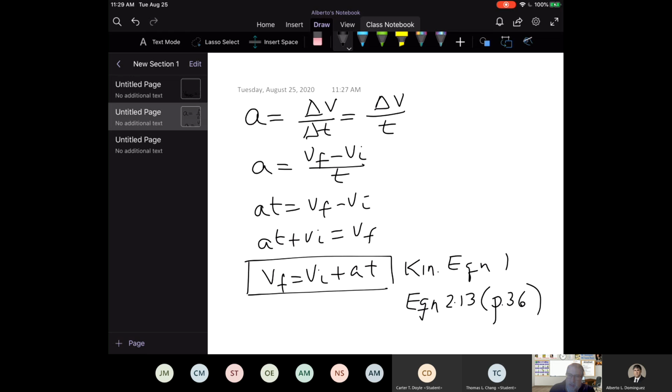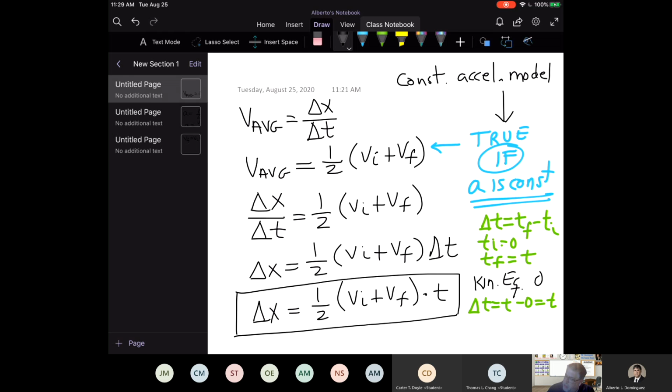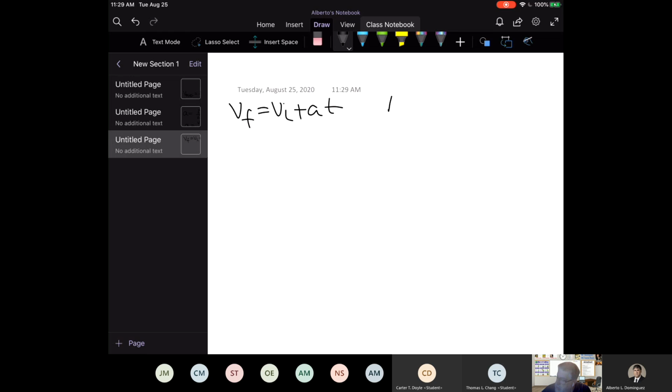Now I have two equations to derive stuff. So I'm going to write them both back at the top of this page. So I have VF equals VI plus AT. I just derived that. And if I go back to the first page, I have delta X equals 1/2 V initial plus V final times time.